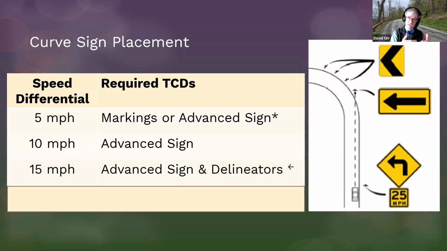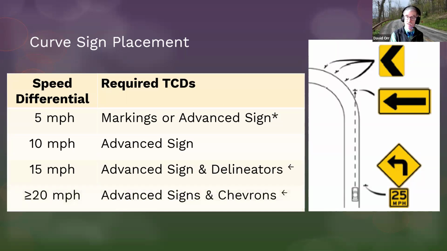But if it's really hard to get the delineators in, you could put up one of those big arrow signs. And if it's 20 miles an hour or more, don't just use delineators, go all the way up to chevrons. And again, you can always use a supplemental sign with the big arrow. And if we had a whole day, we could talk about the details of exactly where to place all of these things, but we'll give you some things today that might help you out in terms of spacing.